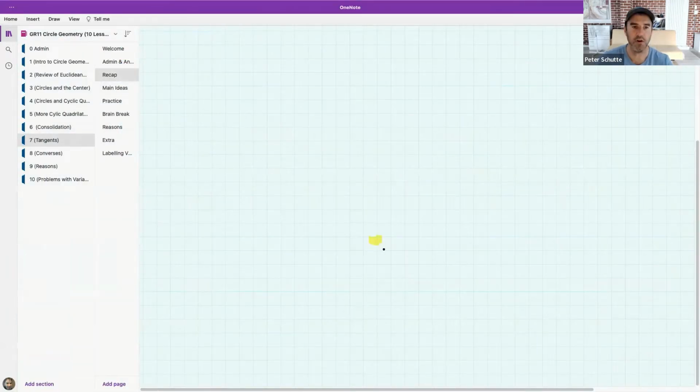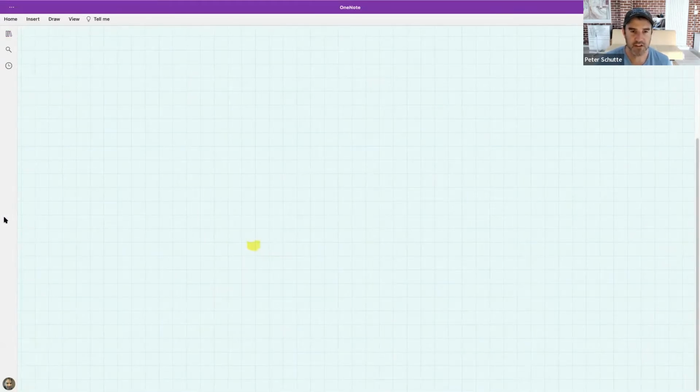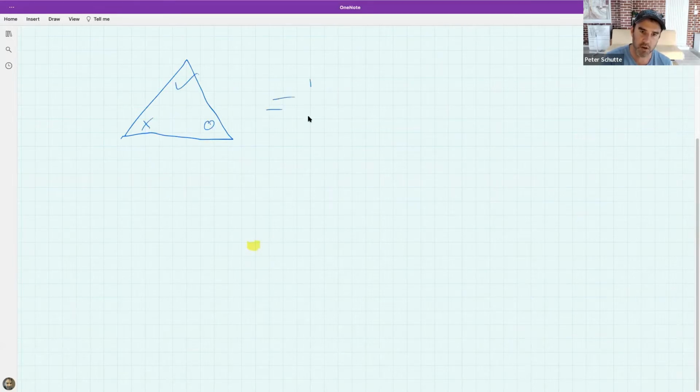So I actually just want to do a quick little recap of the ideas. Because I think today you're going to see combinations happening. So some of the ideas that we use again and again are that a triangle is always going to add up to 180 degrees.